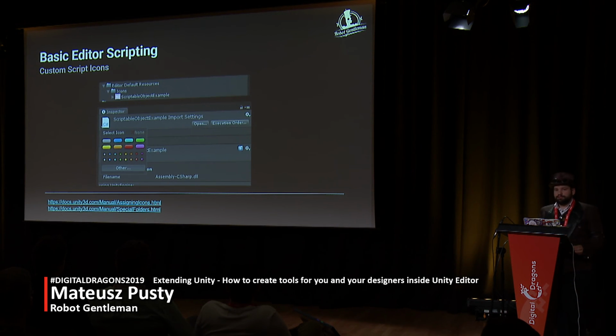Another thing that is very useful for me, especially if you have large data sets in your game, like we have in 60 Parsecs, is that you can create custom icons for scriptable objects or even your MonoBehaviour scripts.